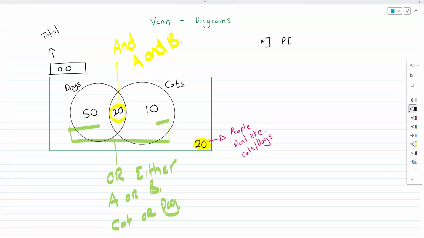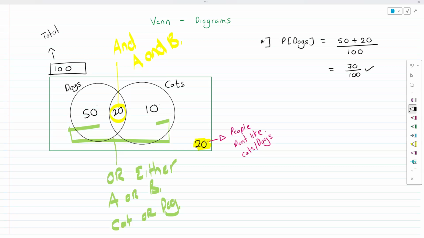So the probability of somebody who likes dogs. Now look at this. We need to understand if a person is in the center and they like dogs and cats, they do like dogs. So the probability of people that like dogs is 50 plus 20 over 100. And that's 70 over 100. And I'm going to leave it like that.